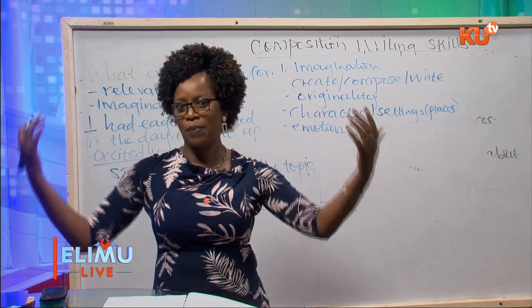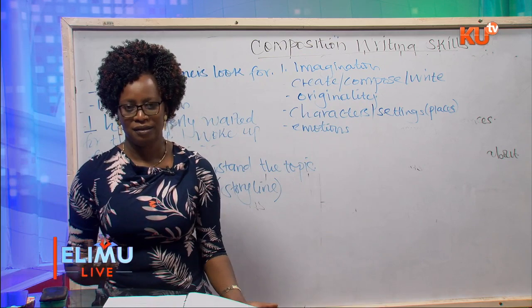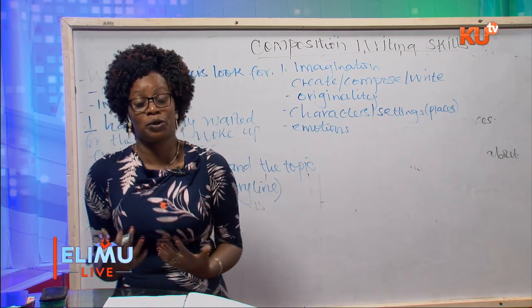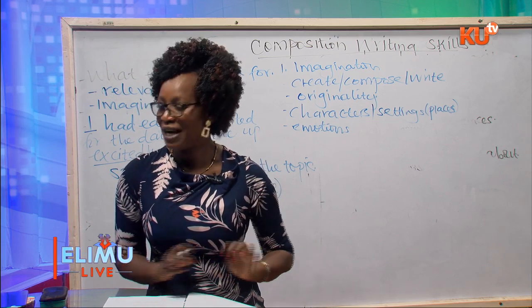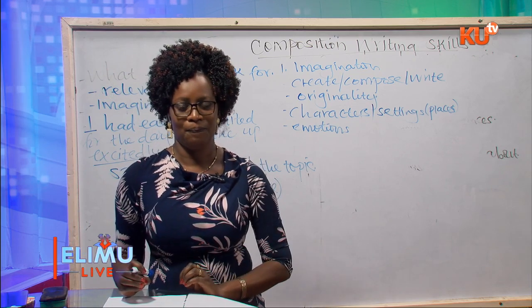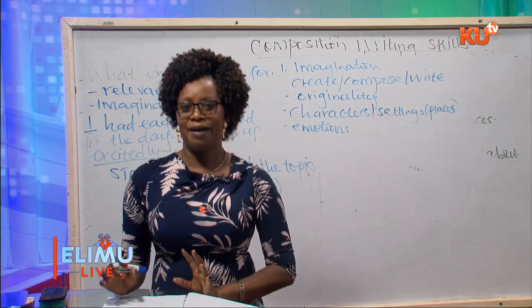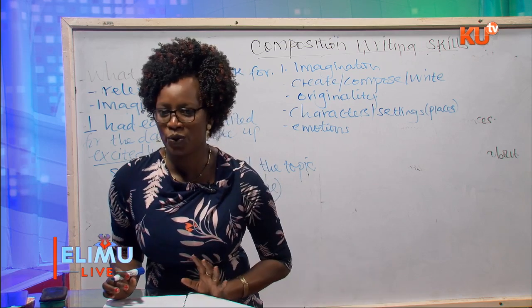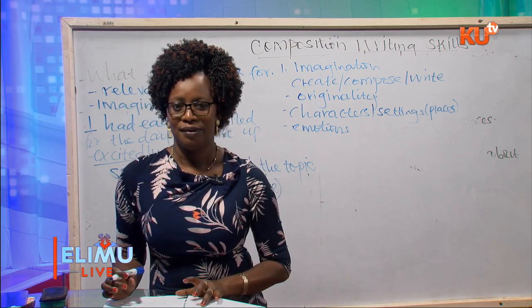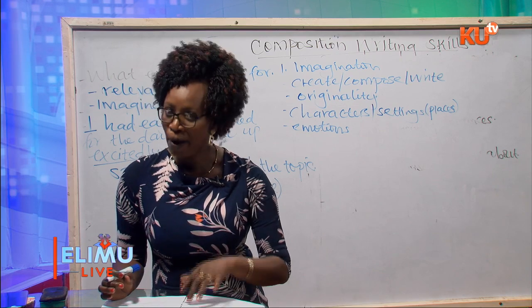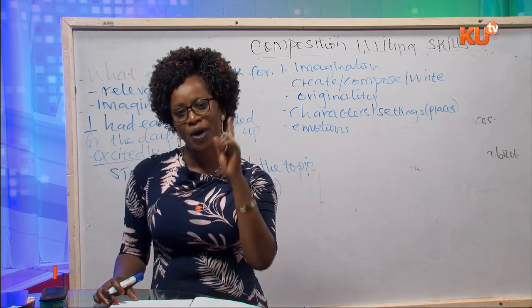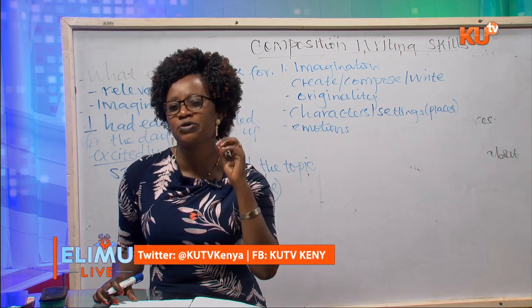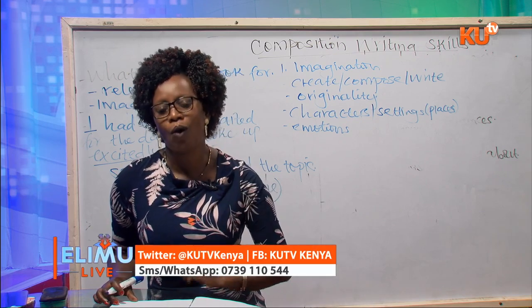They have all evaporated from my mind. So what am I going to do? Do I stop? Imagine it is KCPE. And there I am. I have nothing to write about. So I want to give you tips on how you can come up with an interesting storyline or plot.